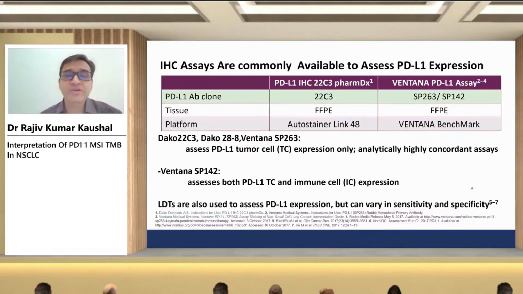The commonly used diagnostic assays are 22C3, which needs to be performed on the DAKO Autostainer Link 48 immunostainer, or SP263, which has to be done on the Ventana Benchmark platform.